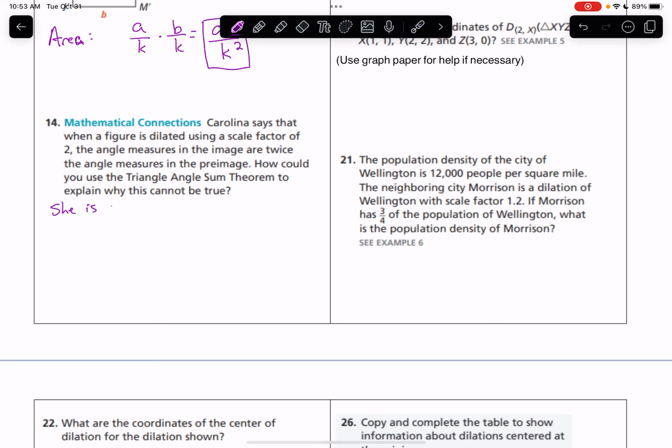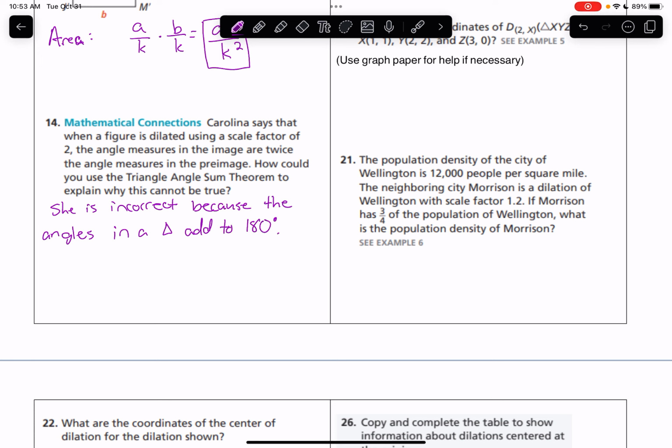She is incorrect because the angles in a triangle add to 180 degrees.